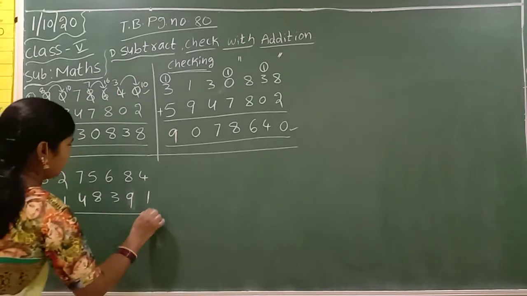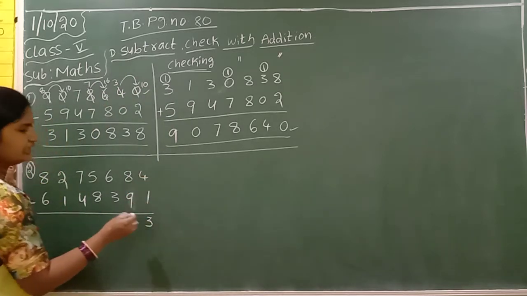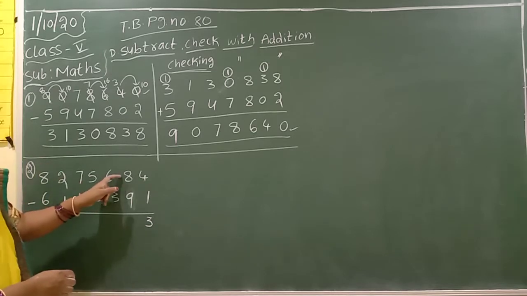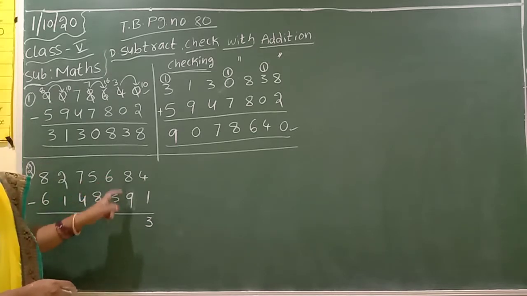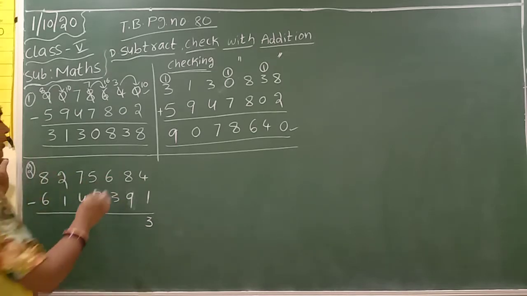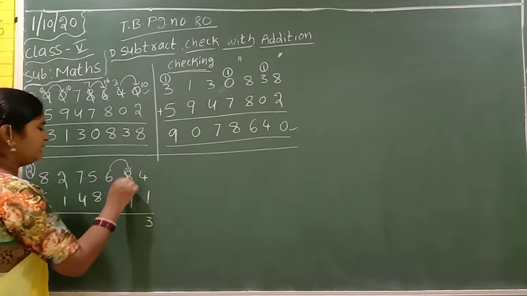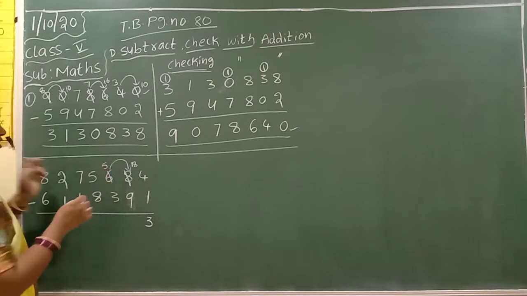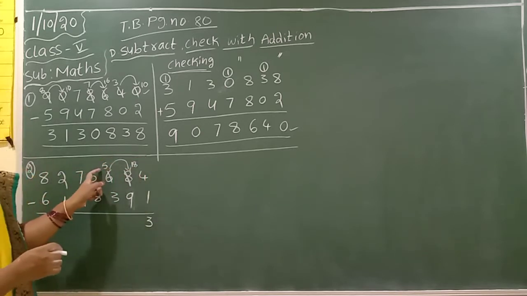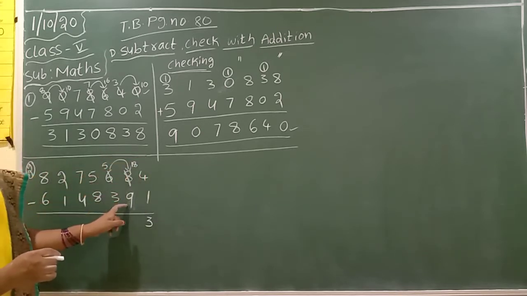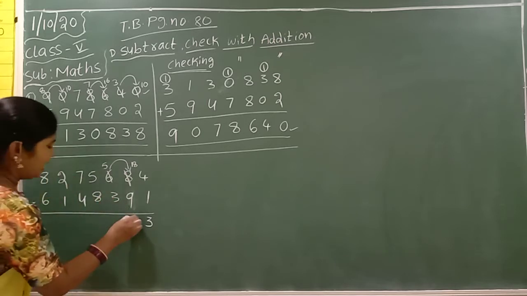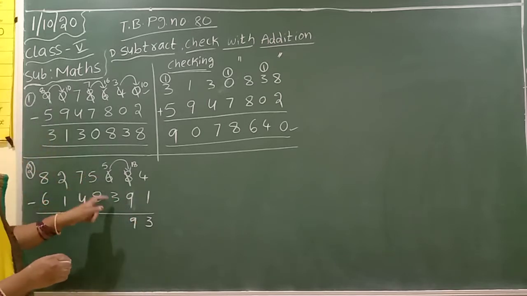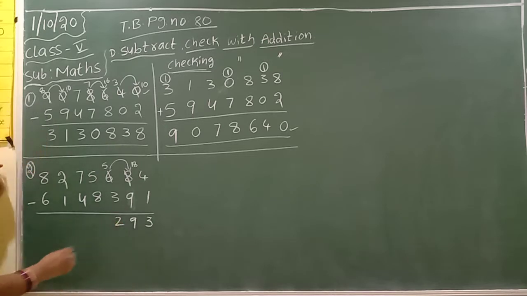Subtract. 4 minus 1, 3. 8 minus 9, small number to big number, is it possible? No, so take a borrow, it becomes 18. 5 gives a borrow, 6 gives 1 borrow, so 5 remains. 18 minus 9, 9 remains. 5 minus 3, 2.